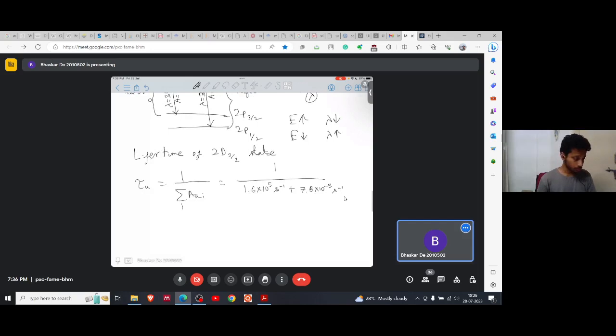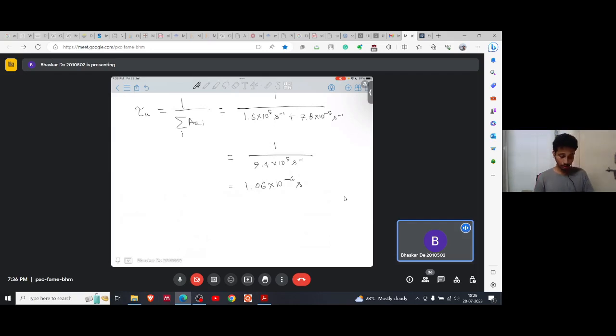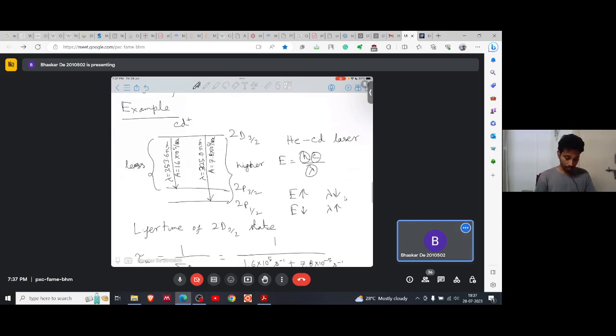That's it. So this will give us 1 by 9.4 into 10 to the power 5 second inverse. This will give 1.06 into 10 to the power minus 6 second. So this is the lifetime of this particular state, 2D 3/2.